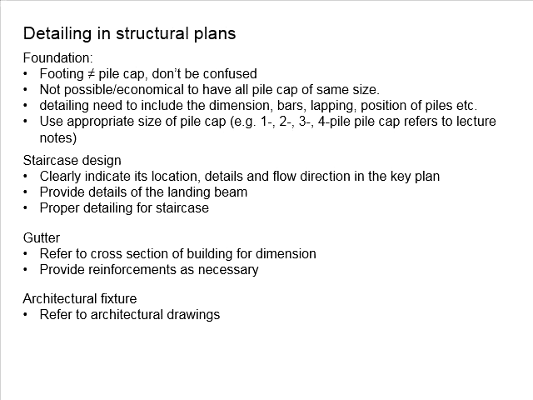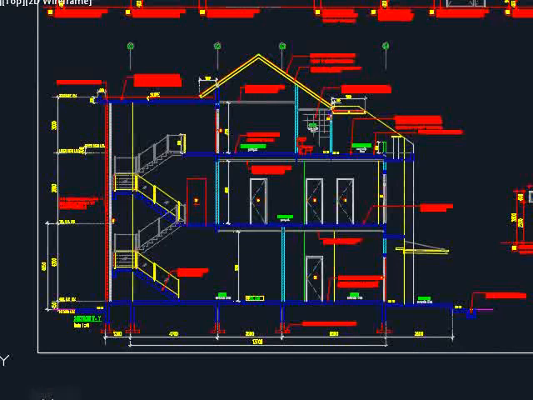This normally you can acquire from the references of reinforced concrete design. A typical reference will have a chapter discussing the staircase design. As far as the technical drawings are concerned, you will need to first acquire the information from the architectural drawing.